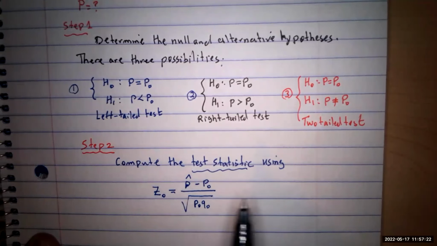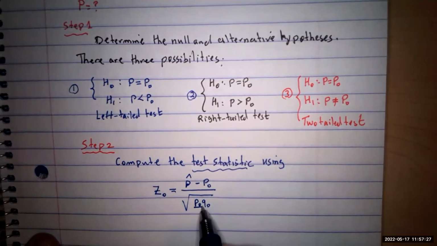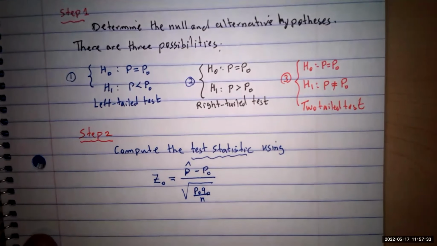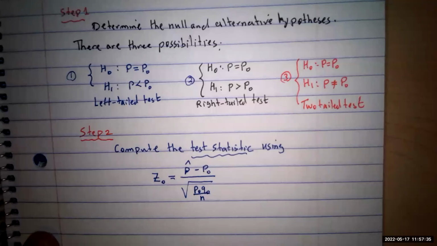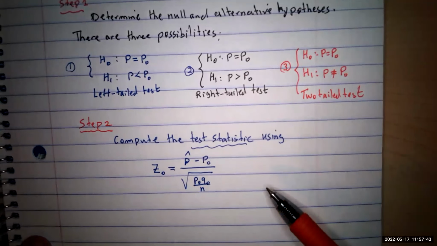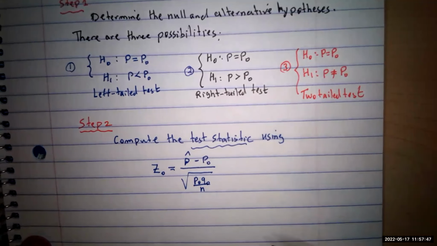The P hat information would be given as R over N or X over N, so you find it divided by N. All of them are inside the radical. That would be your Z number. Since this is Z, your p-value would be evaluated from there. There are no T cases; there is only one case, a Z number, so you can't miss it.